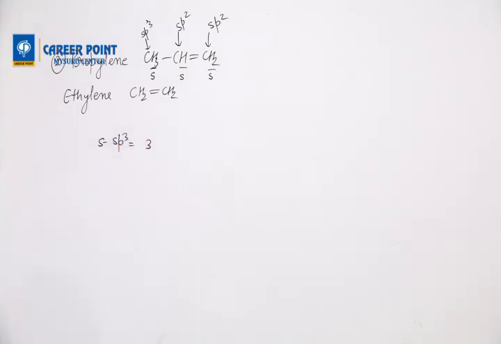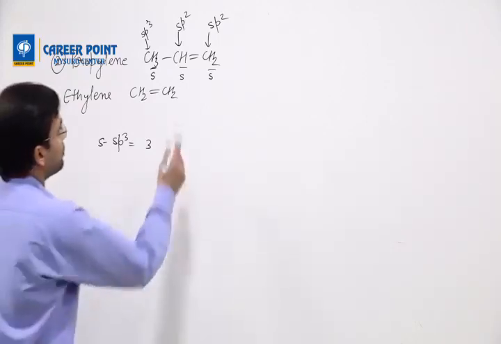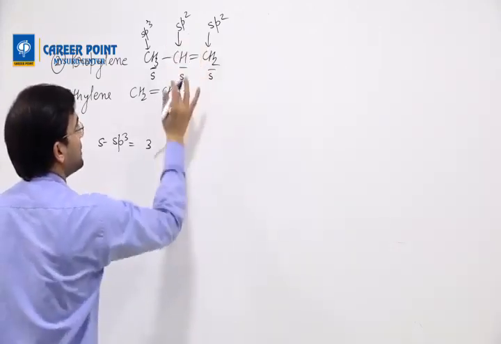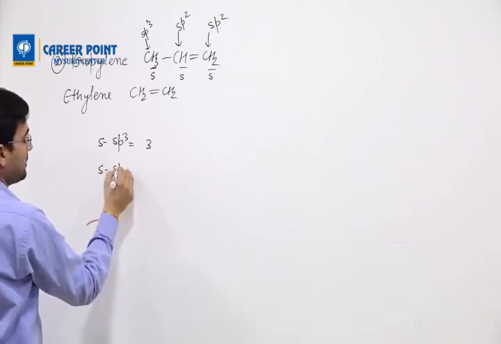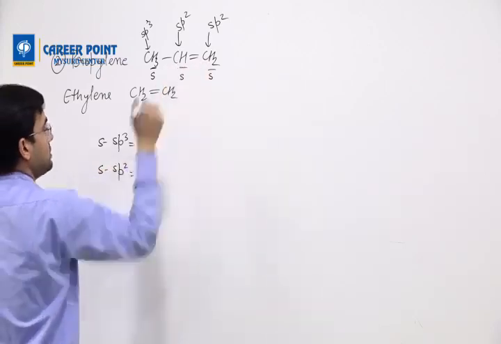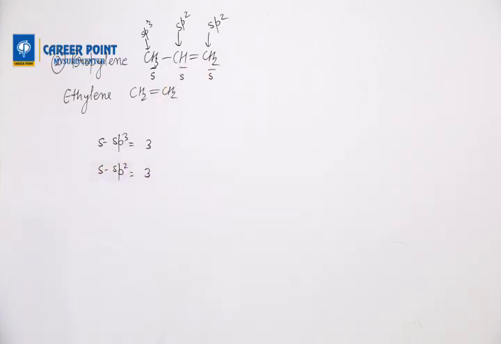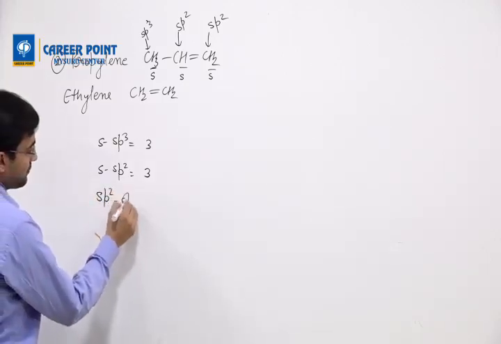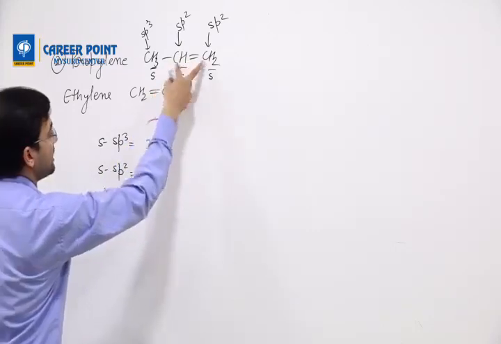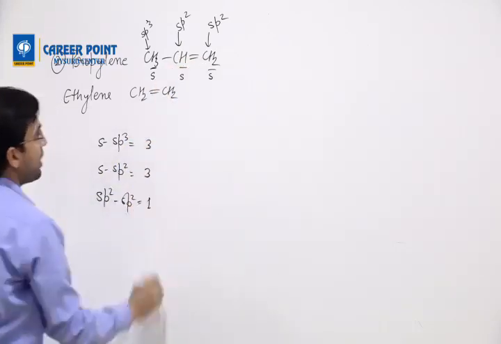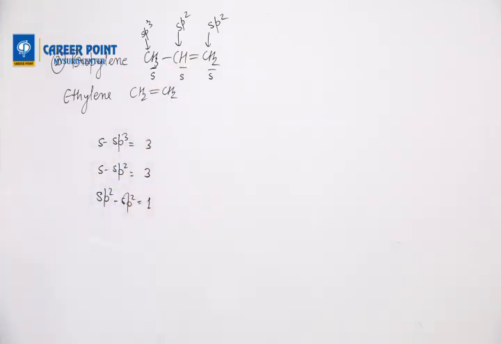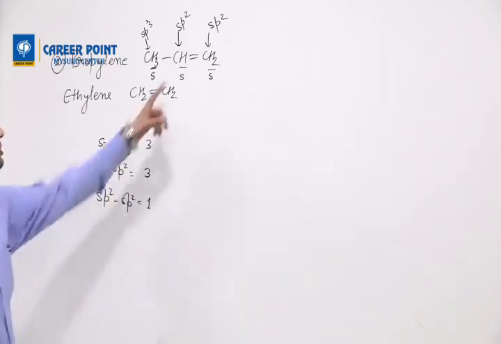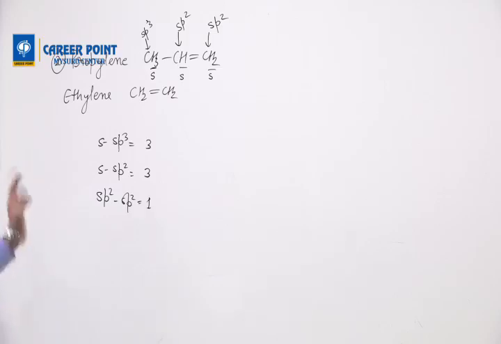And then s and sp2: 1 is here, 2 is there, so total 3. And then sp2 sp2: the sp2 and sp2 carbon bond is only 1. So this is 1 bond. Done. This is question number 2.